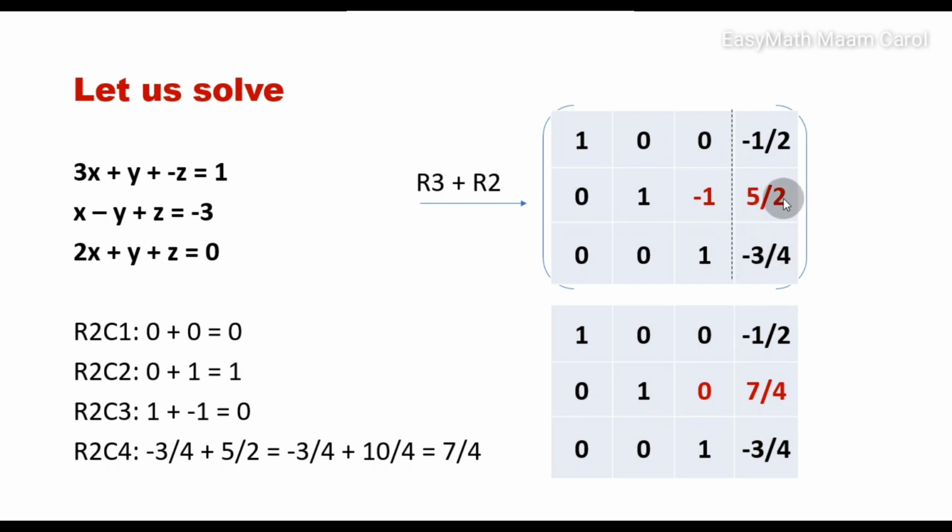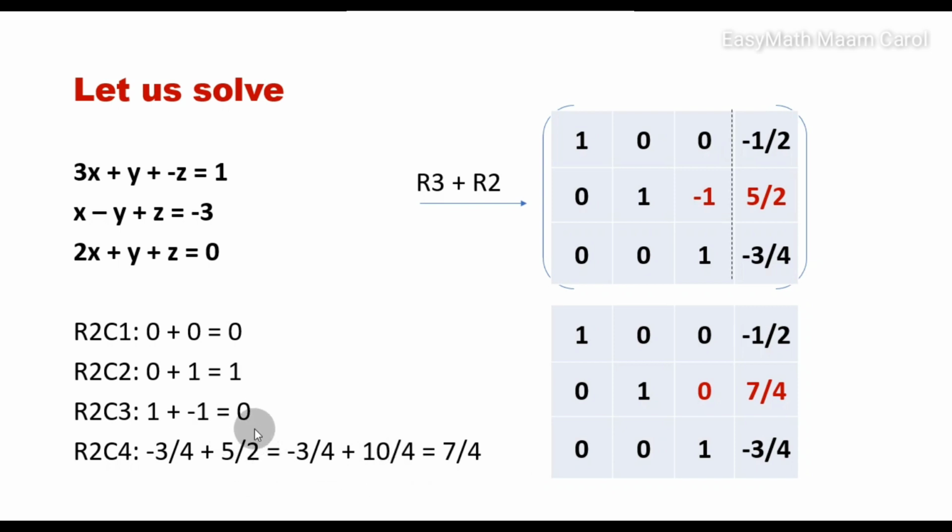Yung computation niya, nilagay ko dito para ma-review nyo. So, negative 3/4 plus 5 halves, di ba magkaiba sila ng denominator? O pasok na naman yung LCD dyan. So, anong LCD? Hindi pwedeng 2. Okay? Yung mas malaki sa kanila. So, that's 4. So, negative 3/4, wala kang babaguhin dyan. Tapos ito, dahil binago mo yung denominator na 2, ginawa mong 4.